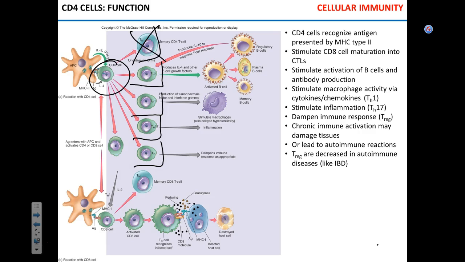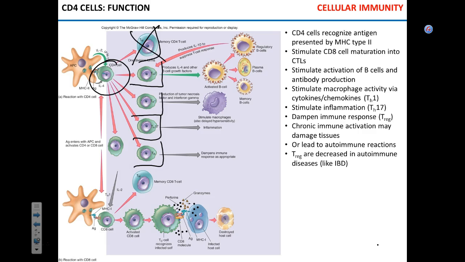Okay, so we know that CD4 cells recognize MHC class 2. Which cells, except dendritic, have MHC class 2 on their surface? Two other types. Macrophages and B cells. Let's talk about B cells.